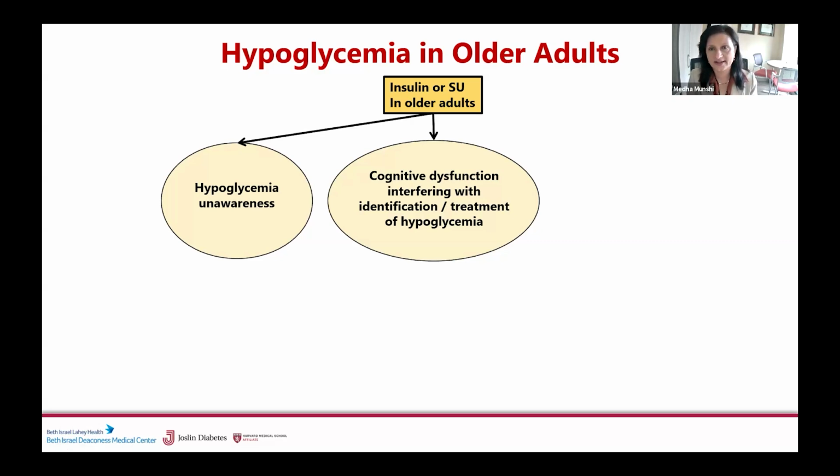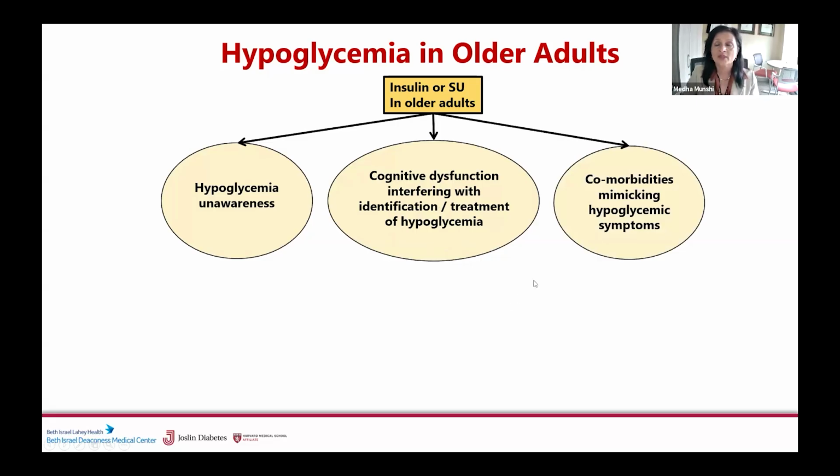How do you know your patient has hypoglycemia? First of all, the patient has to recognize it. Then they have to remember that they had hypoglycemia, and then they have to remember to tell you about it. Not having good memory can interfere with identification as well as treatment of hypoglycemia. Brain hypoglycemia can mimic many of the conditions that older adults have, like orthostatic hypotension, worsening memory function, or feeling tired.